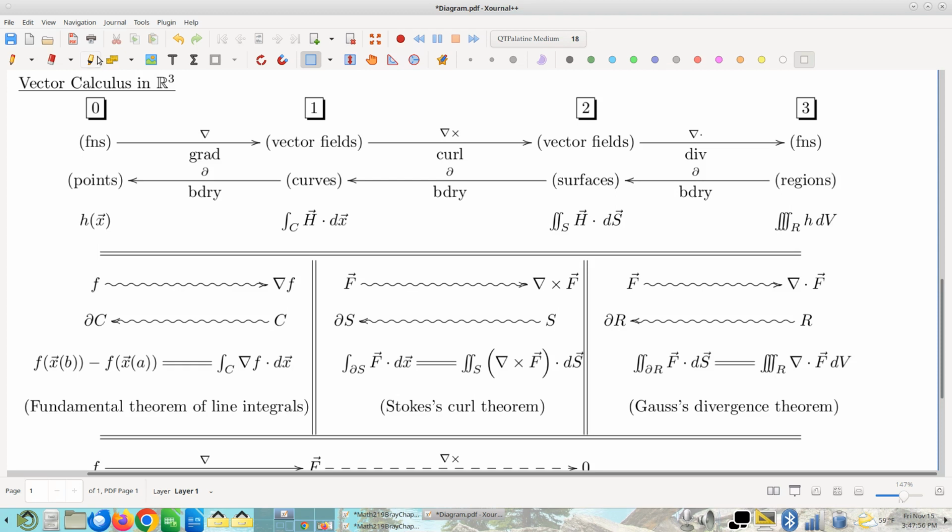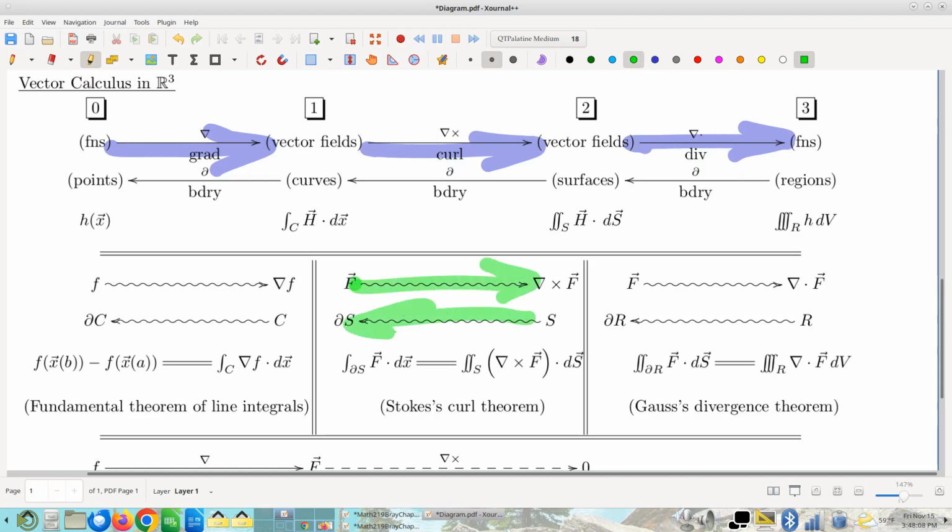All you have to remember to effectively use this diagram is which order these operators go in, and what is the pattern of the theorems, and what's the pattern of the various properties? You make sure you understand a couple of patterns, and everything else follows from that. That's how I think about vector calculus, and that's how I keep everything straight. And that's why I never get confused and can't remember, wait, is it divergence or is it curl? The diagram always gives me the answer.